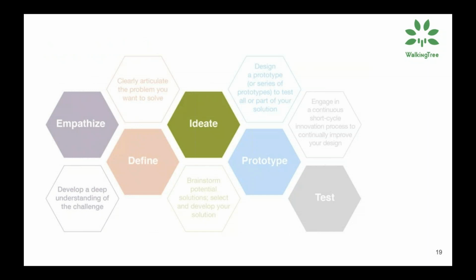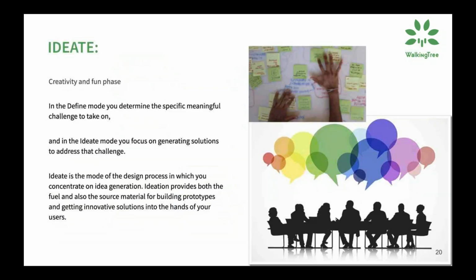Then comes the ideate stage. Once you gather the information from the empathy and define stages, this is where you start ideating. This is a more creative way, and you tend to come up with some interesting findings from what you have understood about a product and about a user.